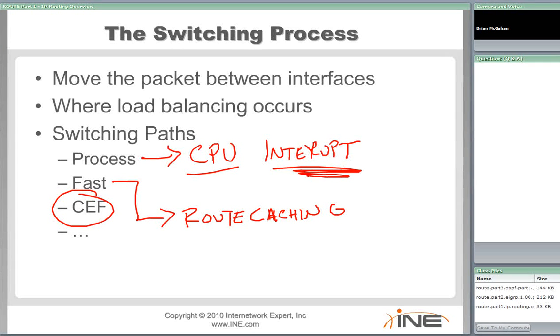And the line card itself is still able to forward because it has a copy of the CEF table. So when we get onto the command line later, we'll look at how the CEF table is built. Like I said, a lot of it is going to be outside of our scope, but we will take a look at some basic examples there.